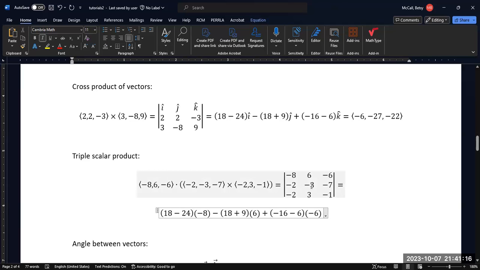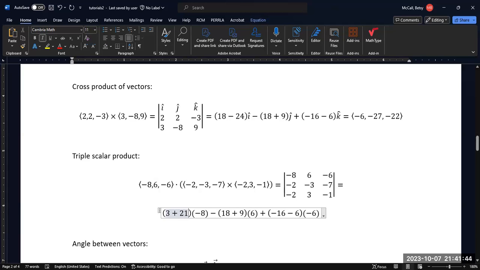And then the bodies of these other parentheses, they're going to be calculated exactly the same way as we did before. So I'm calculating the first component from this first column. That means I'm going to multiply these bottom two components from the last two columns. So this is going to be -3 times -1 is 3, and then minus -27, so plus or minus 21.